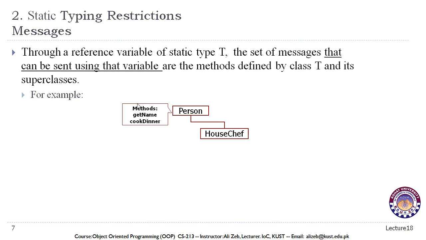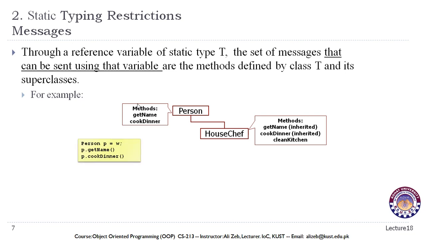We have a Person class with certain methods like getName and cookDinner. Then we have a HouseChef class that is derived from the Person class with some of its own methods. So the getName and the cookDinner methods are inherited from the superclass, and the HouseChef now has the cleanKitchen method of its own.